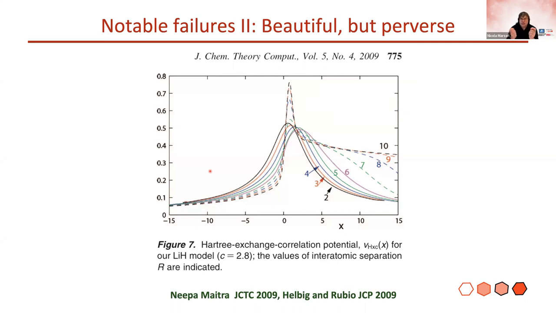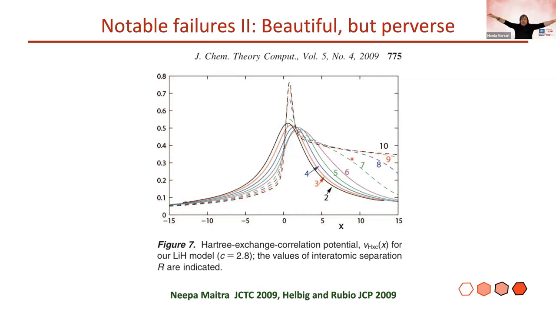But here, Nipa Mitra and Nicole Helbig are actually dissociating a very simple model dimer. And as you see, as you go at further and further distances, as you go towards 10, so you are dissociating your molecule, the Hartree exchange correlation develops one of these needed discontinuities in the middle of nowhere.